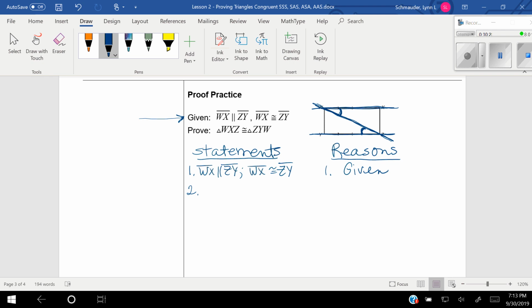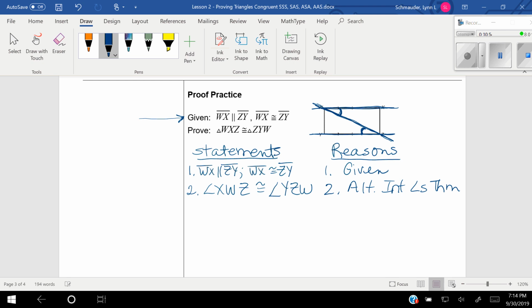So I'm just going to let that be my next step. I'm going to say angle XWZ is congruent to angle YZW. And what do we say? We know that because of the alternate interior angles theorem.